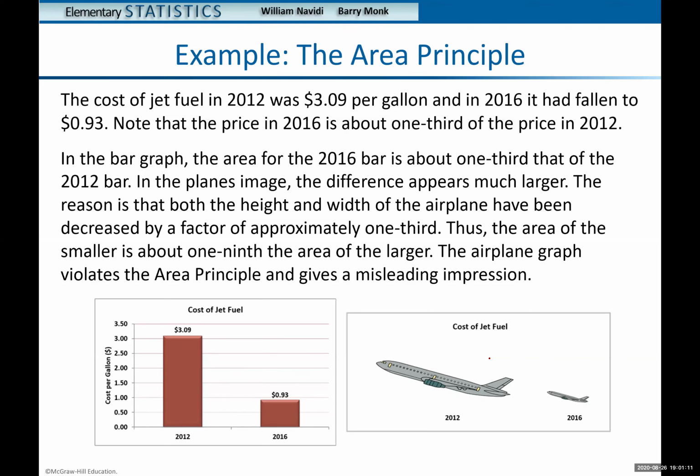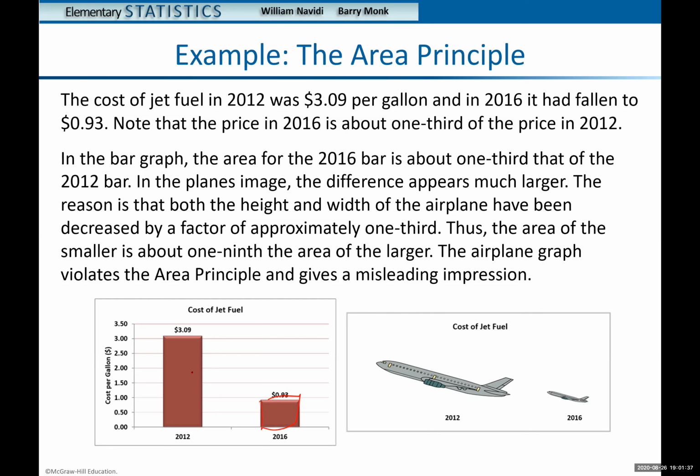So by looking at this graph here, the rectangle here is comparing to 2012. This is like three times of this is 2012, right? So in the bar graph, the area for 2016 is about 1/3 of the 2012 bar.